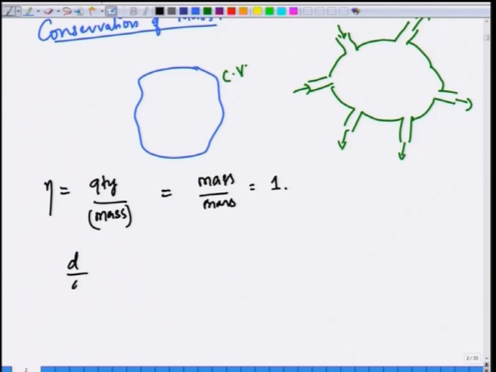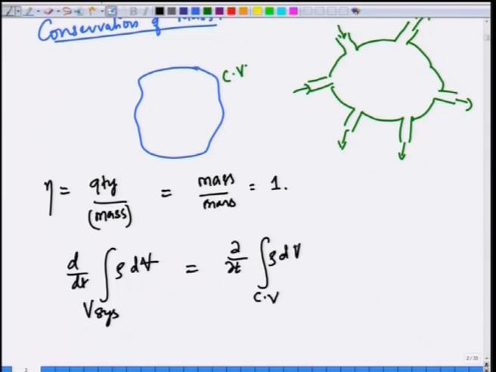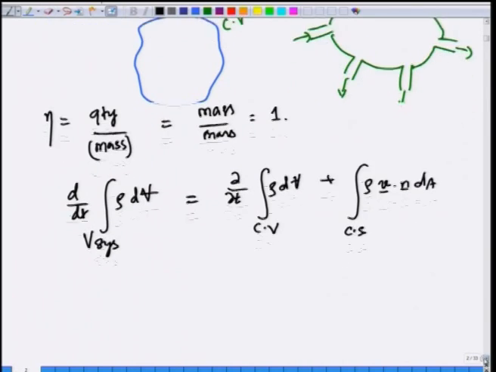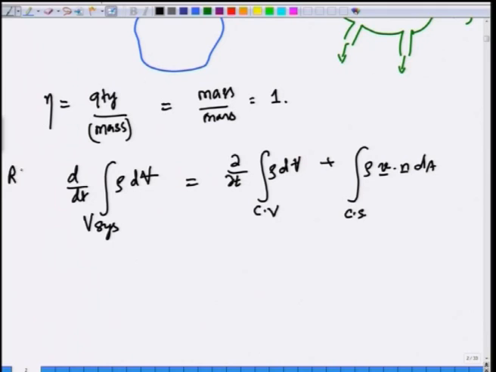So, d/dt of integral rho dV of the system is d/dt of the integral over the control volume rho dV plus integral rho V dot n dA over the control surface. This is by applying Reynolds transport theorem with eta equals 1.